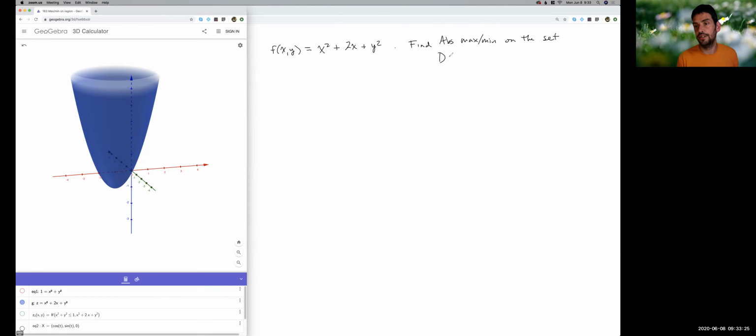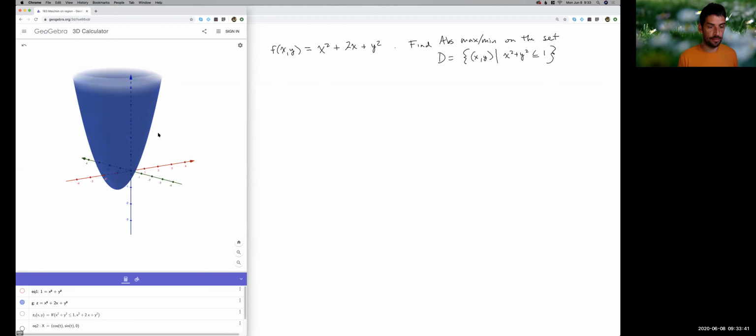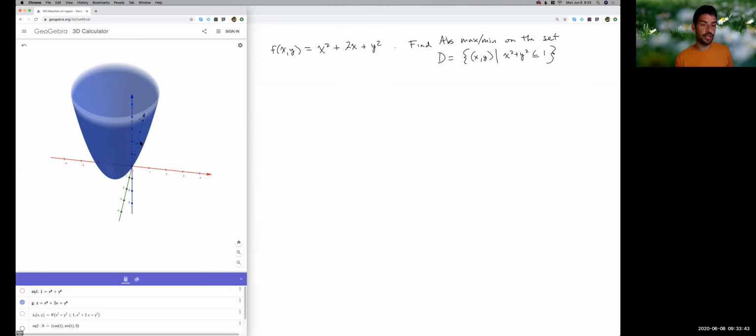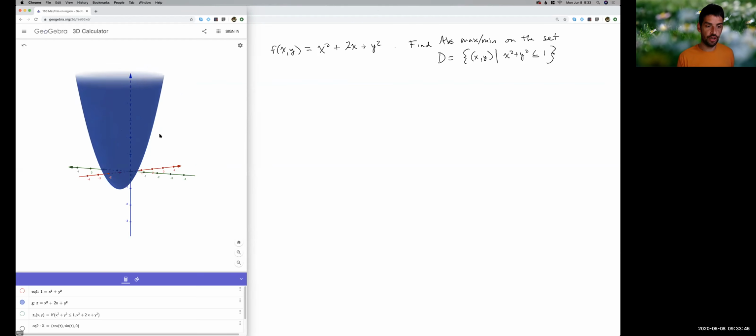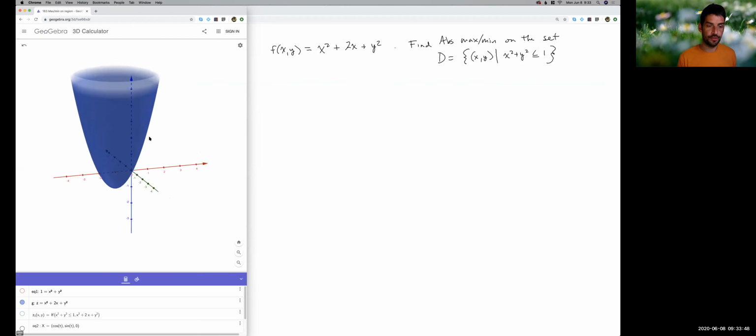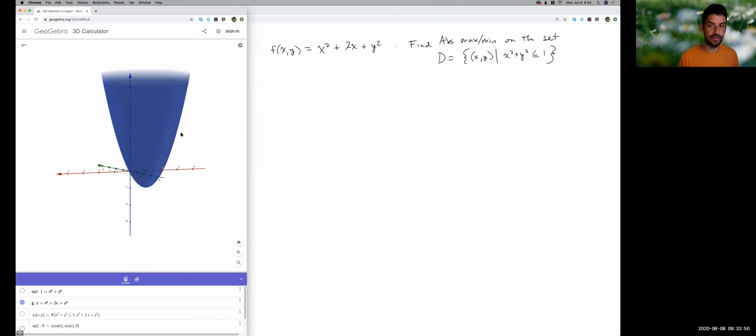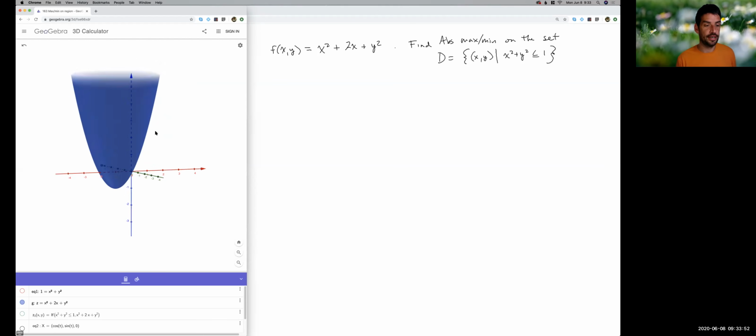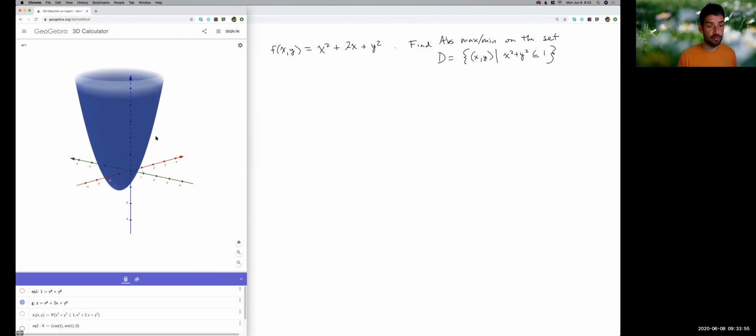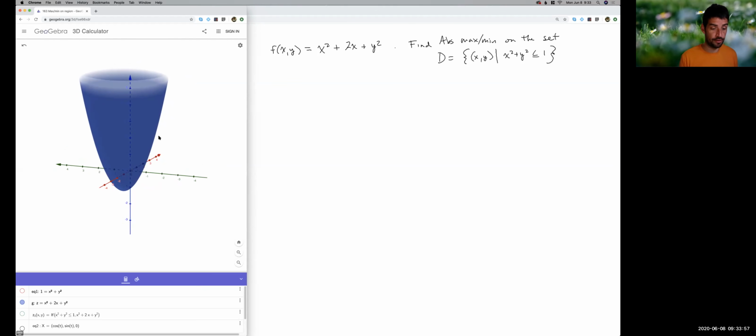On the set D equal to the points x, y, such that x squared plus y squared is less than or equal to 1, okay? So looking at our picture here, it's pretty clear this function has an absolute minimum anyways. I mean, we can do some work to show this, but just looking at this picture, ignoring the closed bounded set that we're looking at here, it looks like it has a minimum anyways. The problem is it doesn't have an absolute maximum everywhere.